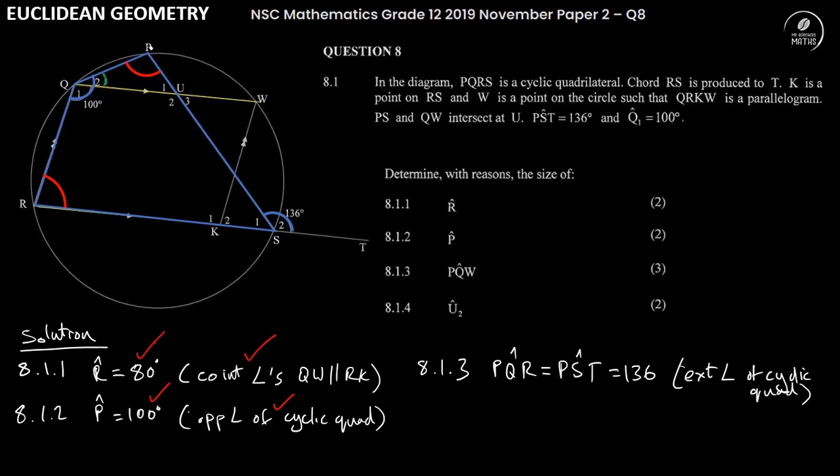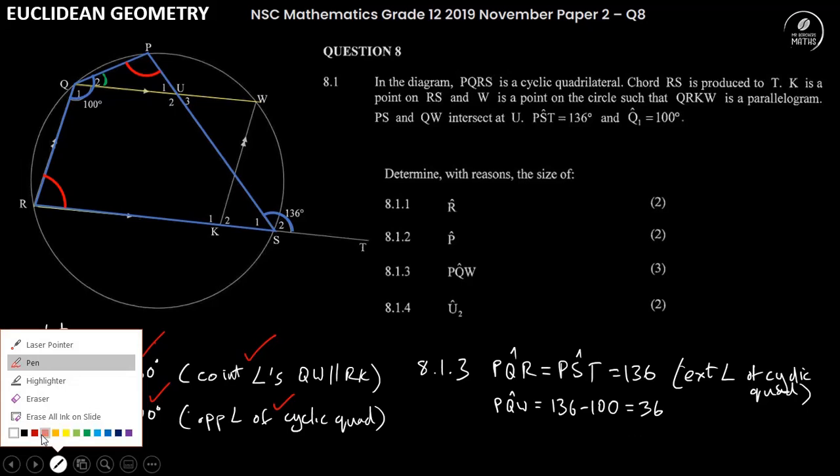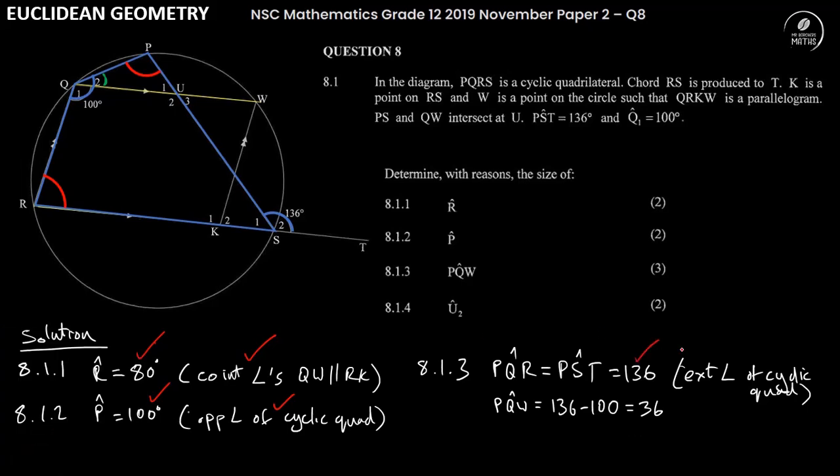To get the size of PQW, all we would have to do is say it'll be 136 minus 100, which will be equal to 36 degrees. Again, our marks: our initial statement and a valid reason of exterior angle of a cyclic quad making PQR equal to PST equal to 136, and then your final calculation, getting your final answer, that would be your final mark.